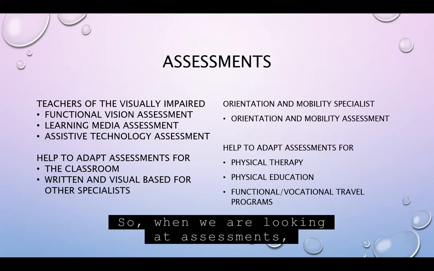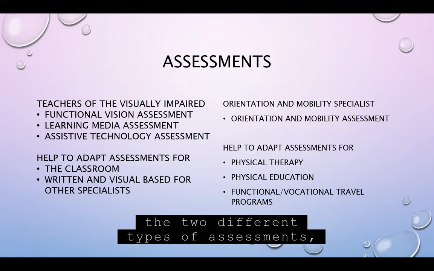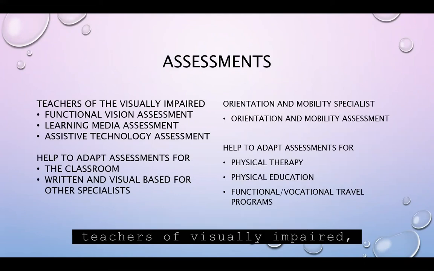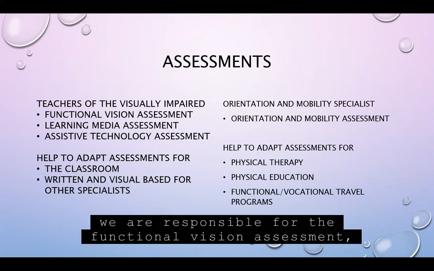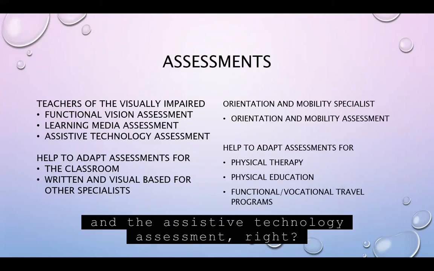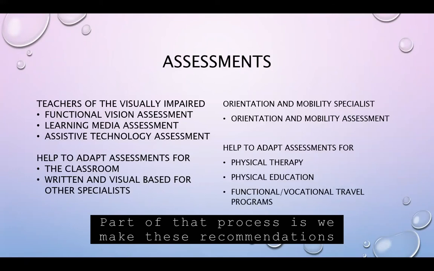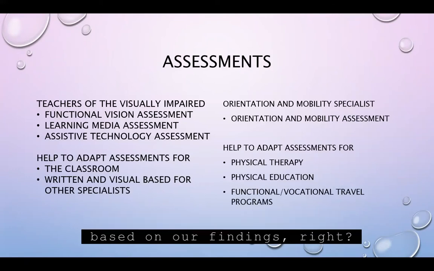So when we're looking at assessments, the two different types of assessments, teachers of students with visual impairments are responsible for the functional vision assessment, the learning media assessment, and the assistive technology assessment, right? Part of that process is we make recommendations based on our findings.